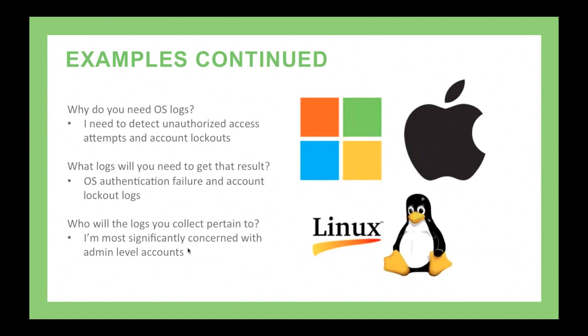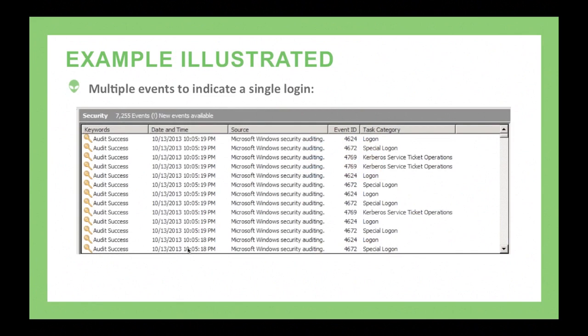Certainly, if there are authentication failures from regular users, yeah, absolutely we want to see that. And if there seems to be a pattern or a significant trend there, then we're going to want to investigate it as well. But sometimes, just focusing on the low-hanging fruit, hey, admin level accounts are really significant, so that's an easy one to make sure we're addressing.